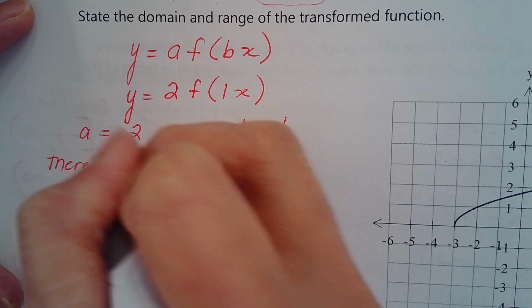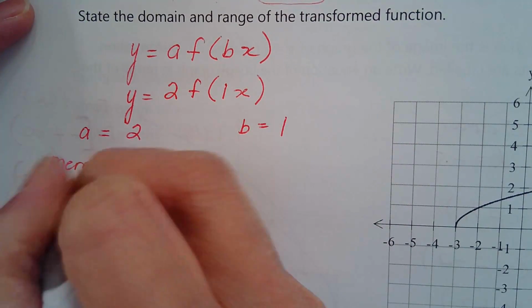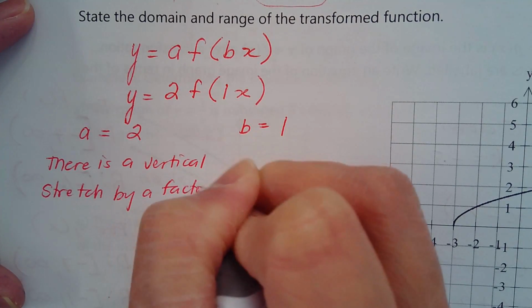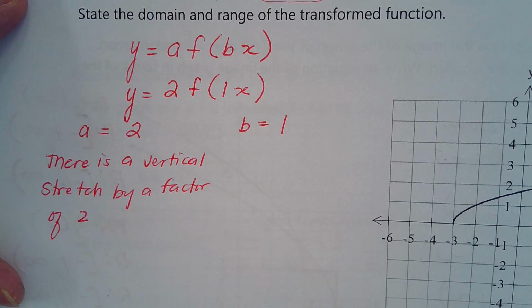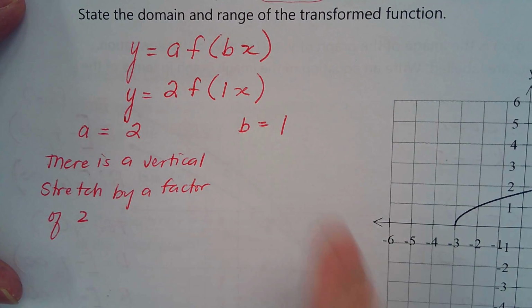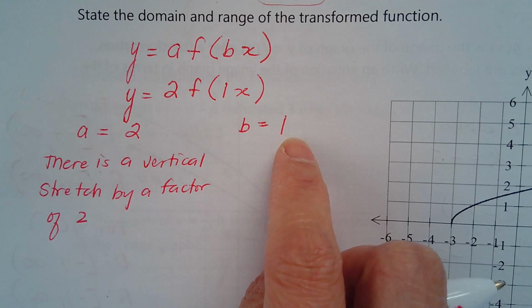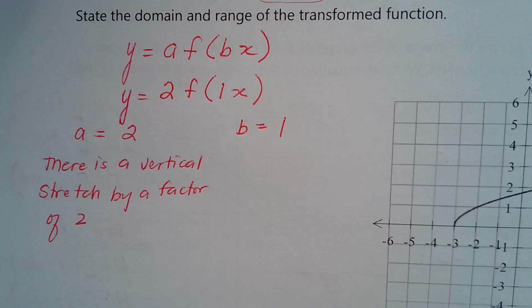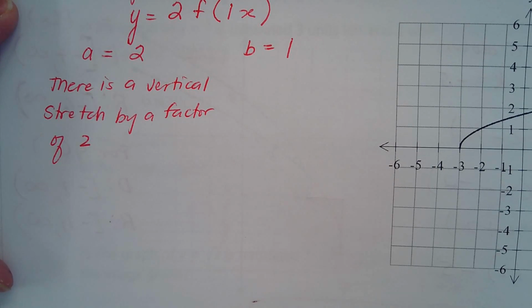There's a vertical stretch by a factor of 2. Now this one here, because it's 1, there's nothing yet. We're going to start with the vertical first, instead of both.